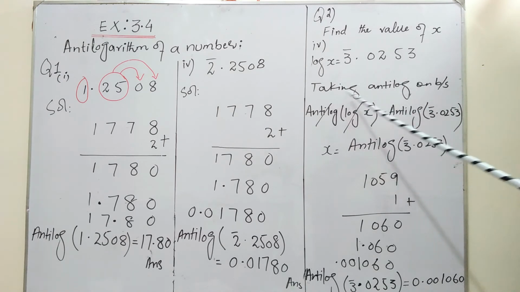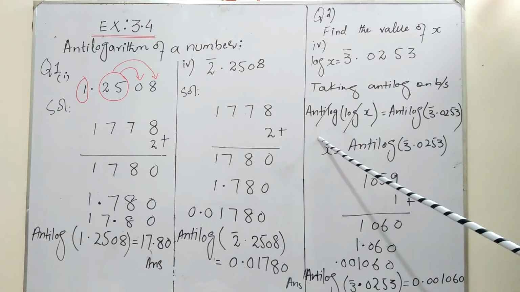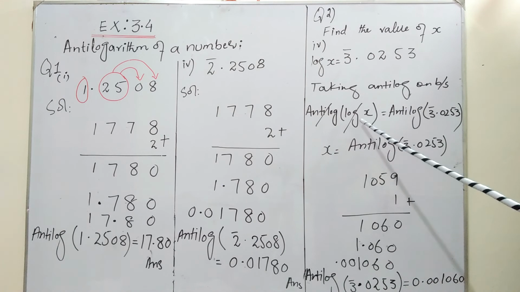Now in this case, take the anti-log on both sides. By taking anti-log, log and anti-log cancel out, and x is left on this side, and on the other hand side you have to find the anti-log of minus 3.0253. Now leave the value of the characteristic.